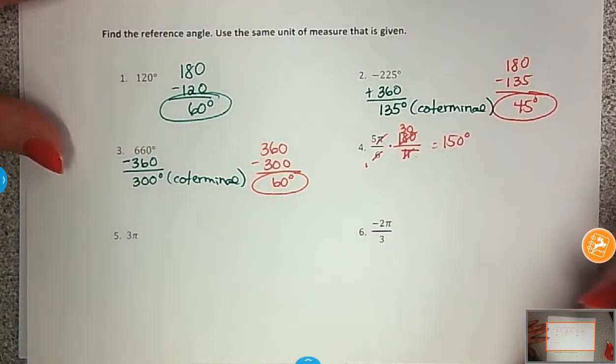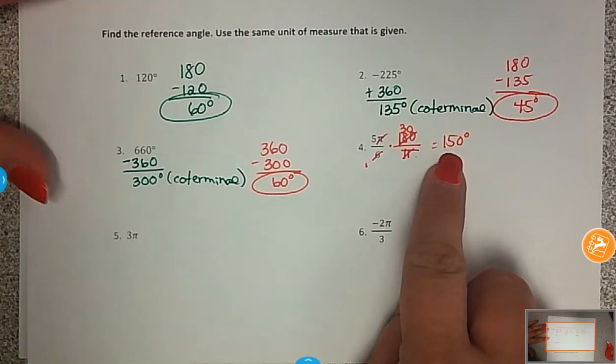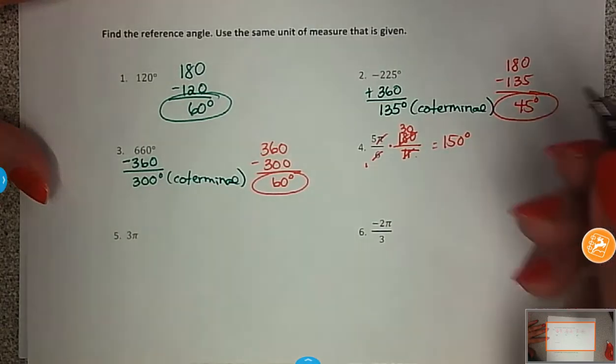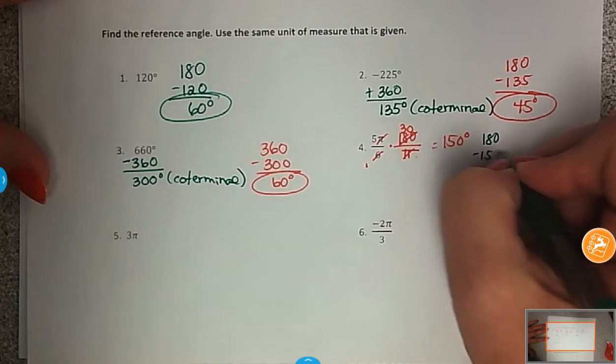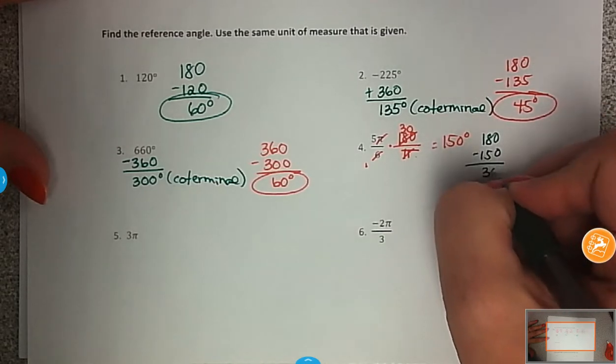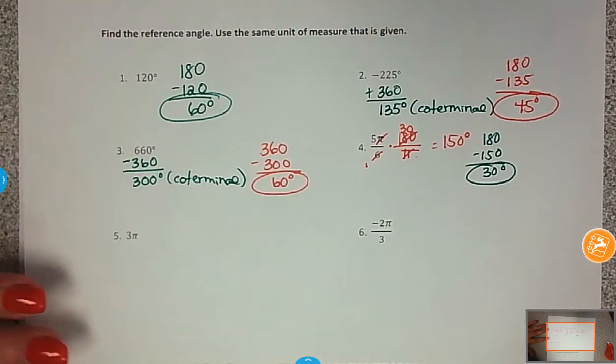So that's 150 degrees. 150 is between 0 and 360, so I don't have to find a coterminal. 150 is closest to 180. So I'm going to take 180 minus 150, which gives me 30 degrees. Well, that is my reference angle.